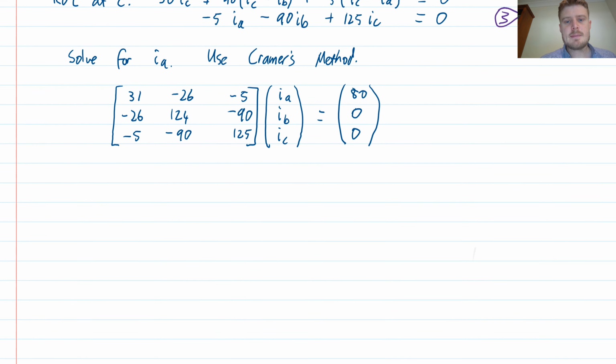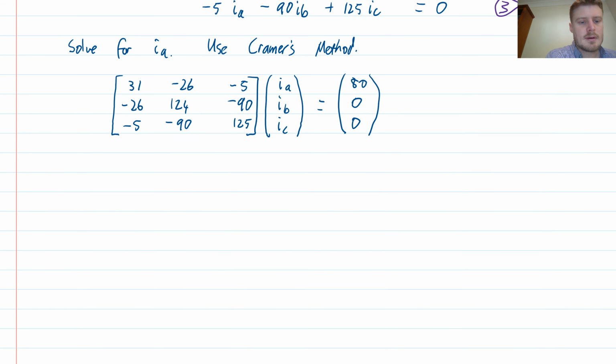To use Cramer's method, I need to know the determinant of my A matrix. The determinant of my A matrix, being this one here, will be as follows. I have 31 times the determinant of the other portion. Take this top left element and look at the matrix made up of the other rows and the other columns.